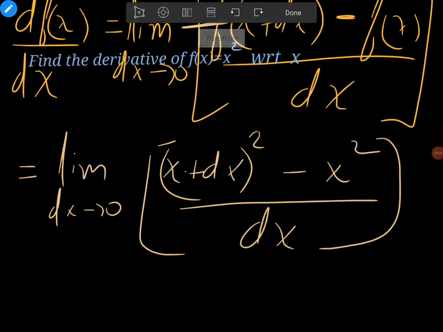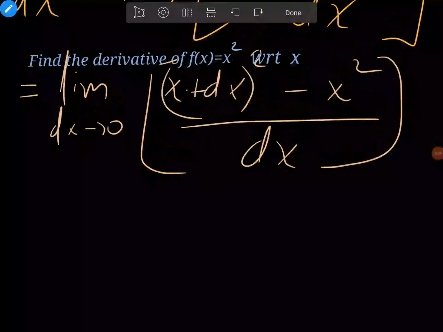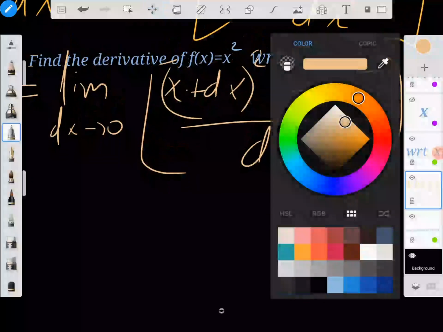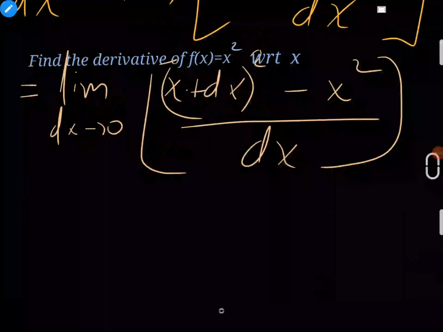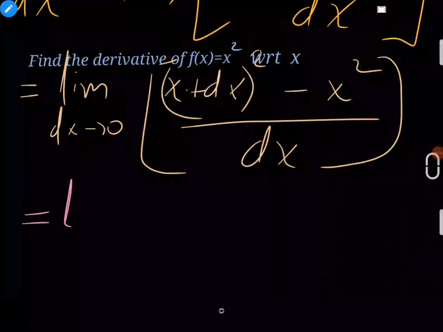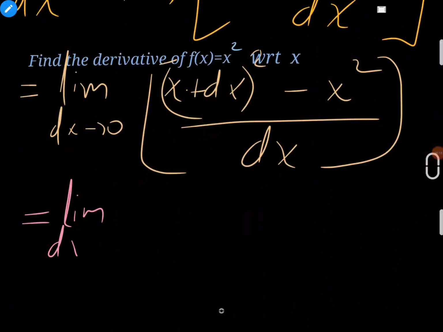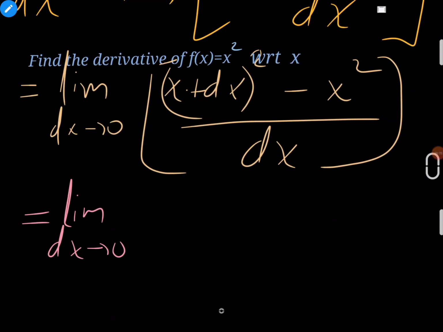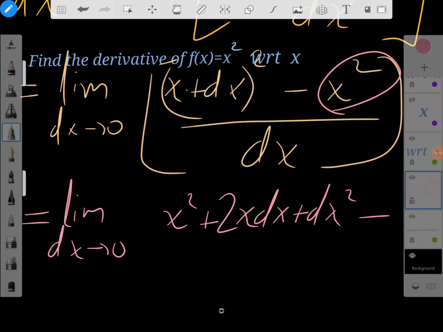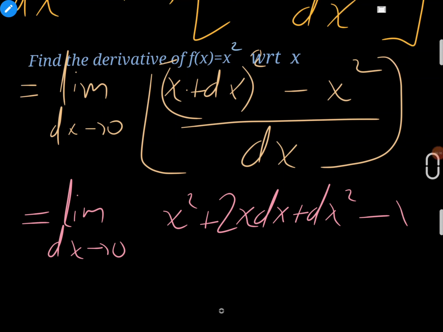Now you know Pascal's triangle, you know binomial expansion, you know how to expand this. So just expand it. Limit dx tends to 0, x plus dx whole square, a plus b whole square, that is x square plus 2x dx plus dx square, minus this thing, that is x square, whole divided by dx.